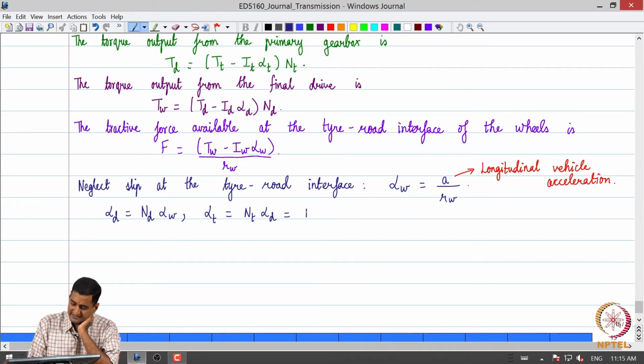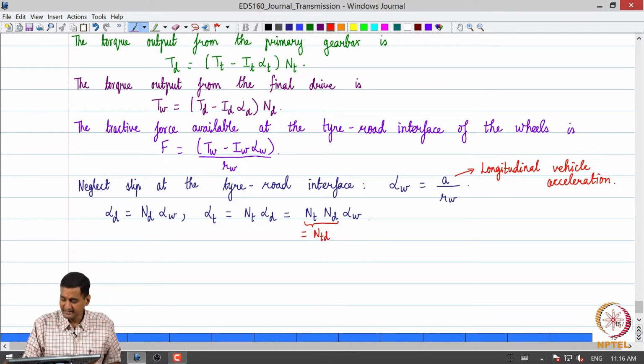This we can rewrite as nt times nd alpha w. Typically the product of nt and nd is represented as ntd. So, n subscript td is nothing but the product of the two gear ratios nt and nd. So, this is what we will get.